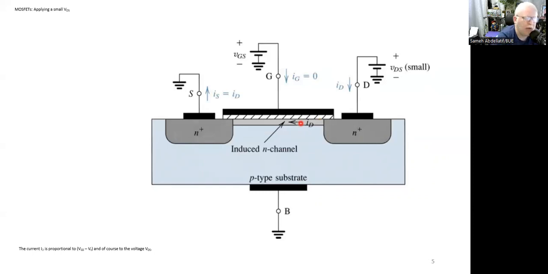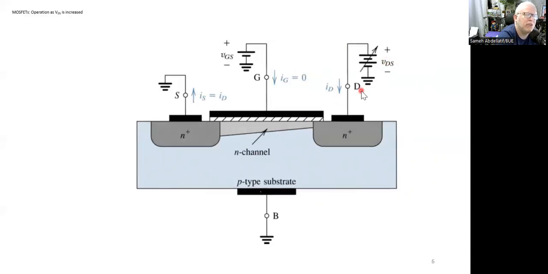However, after increasing this positive voltage to a higher voltage level, the probability of finding electrons here starts to decrease with respect to here, because simply here the attraction force is very large, just near the drain, while close to the source, the attraction force is relatively weak.